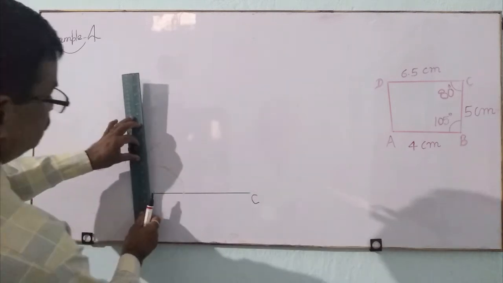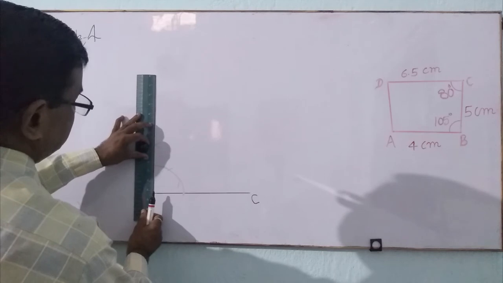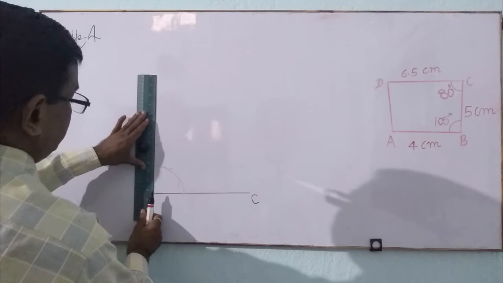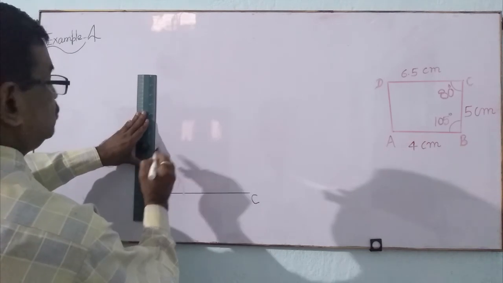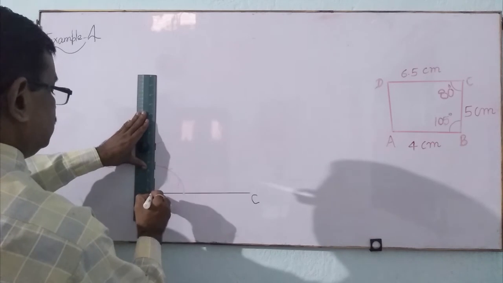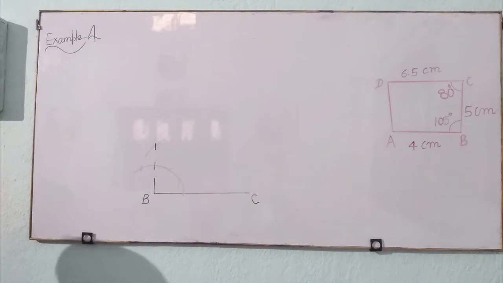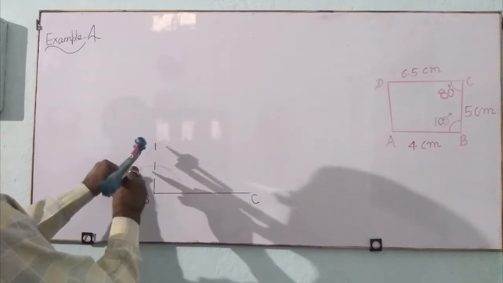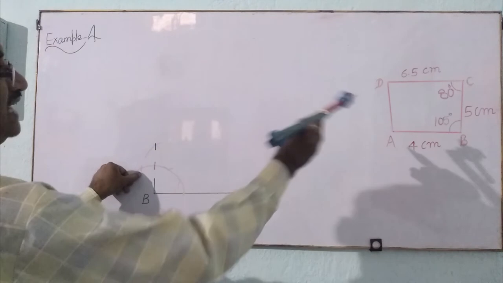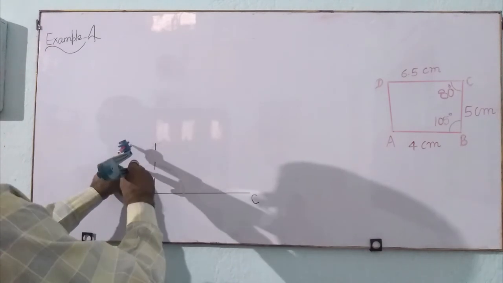Now, in previous video we have seen that we have to draw broken line for 90 degree and then bisect 90 and 120.